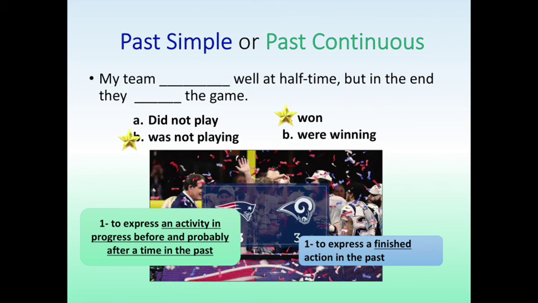It's a one-time thing. They either won or they lost. We will not use continuous for something like this because we're not talking about the progress. This happened quickly. It is a fact. It is finished. They won the game.